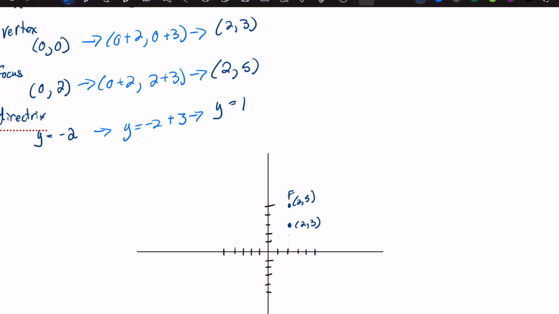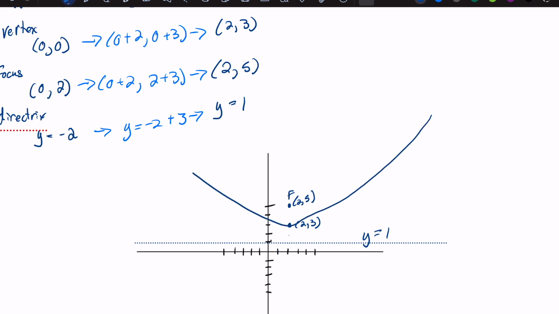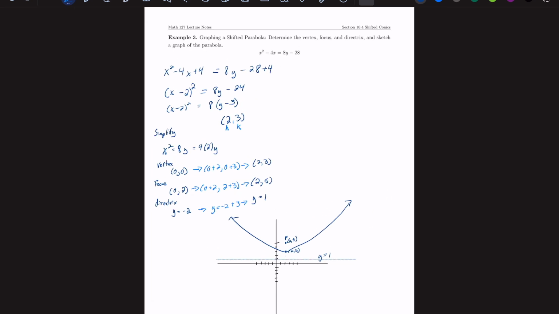This is our focus. Then our directrix line, we'll do as a dotted line, as y equals 1 is our directrix. Then we can roughly sketch in our parabola. It doesn't need to be precise. And that is this completed problem.